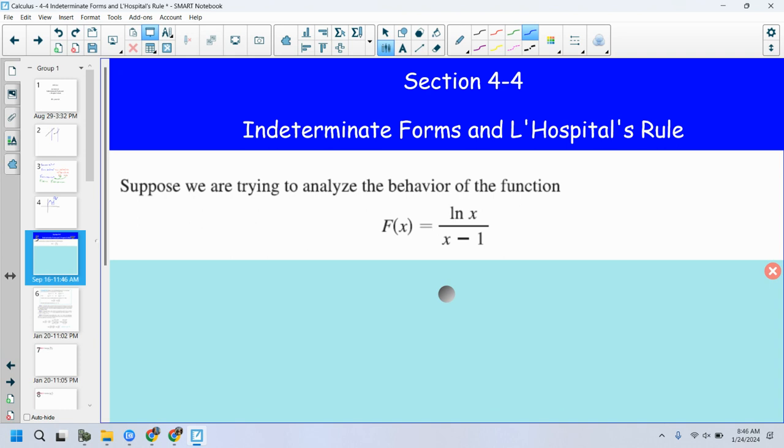1, right? There's this really weird point happening at 1 that is undefined. Based on our previous knowledge of these rational functions, it's undefined at 1. So that means it could be a vertical asymptote, it could be a hole, it could be something weird happening. We just don't know what is happening at that moment.